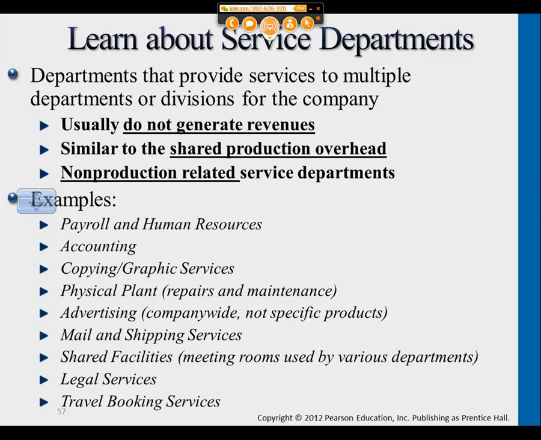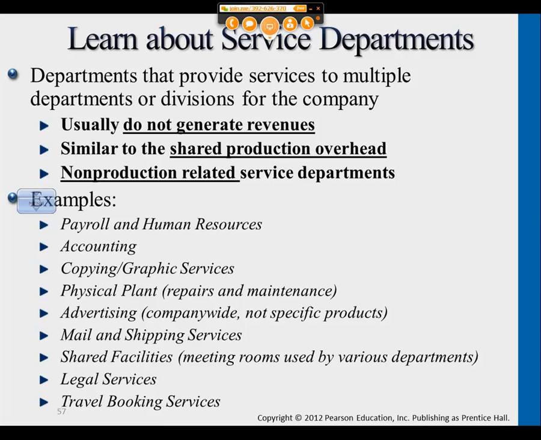And sometimes we call them non-production related service departments. Okay, that's as an example. So what are those? That's our human resources, right? They're servicing usually the whole company. Okay. Accounting is another example.